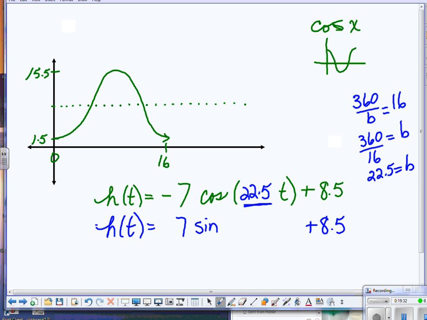The 22.5 would also be the same. But you would have a phase shift because a sine function starts right where that blue dot is. And so this one, which starts at a minimum, would have a phase shift, if you were to write it as sine, of 1/4 of the journey, which would be 4. That would be t, and I want it to the right, if you wanted to write it as a sine function.